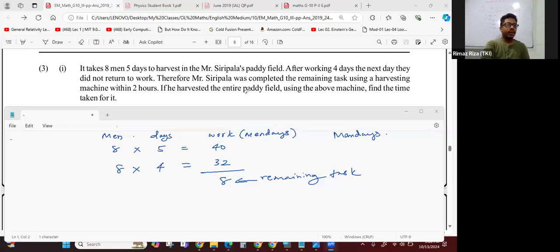If we harvested the entire paddy field using, okay. So the remaining 8 days of work he has done using a machine. It took only 2 hours.